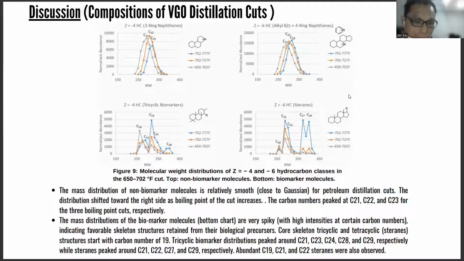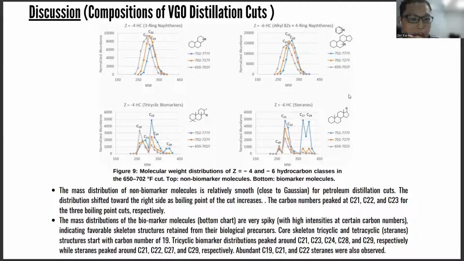The mass distribution of non-biomarker molecules is really smooth. For the petroleum distillation cuts, the distribution shifts toward the right side as the boiling point of the cut increases. The carbon numbers peak at C21, C22, and C23 for the 3 boiling point cuts respectively.